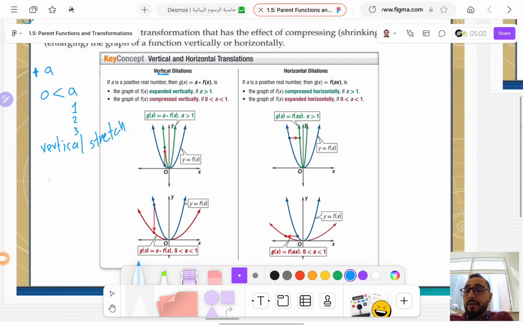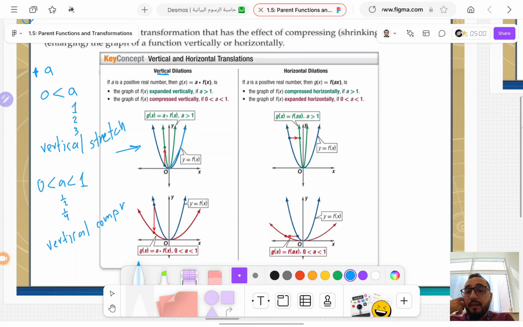But when A is a fraction, which means A is between 0 and 1, like 1/2, 1/4, 1/6, whatever, we call this one vertical compression. As you can see here, the first graph, the blue one, was the original.